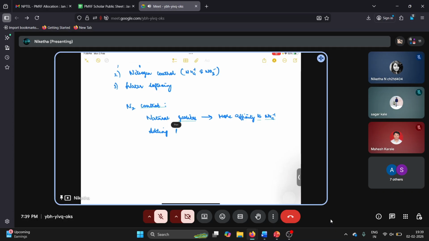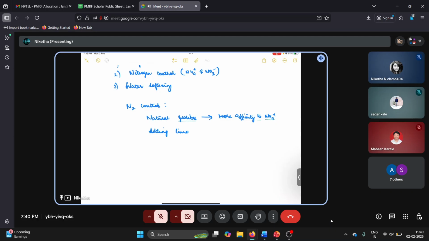If there are any ammonium ions present in the resin, those will be converted to ammonia gas, and the gas is removed by air stripping. Air stripping we will be seeing in next week's lectures. And again, backwashing is also done.